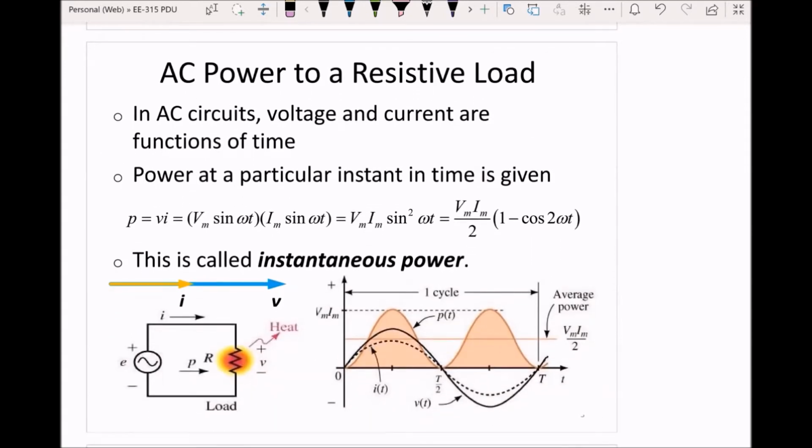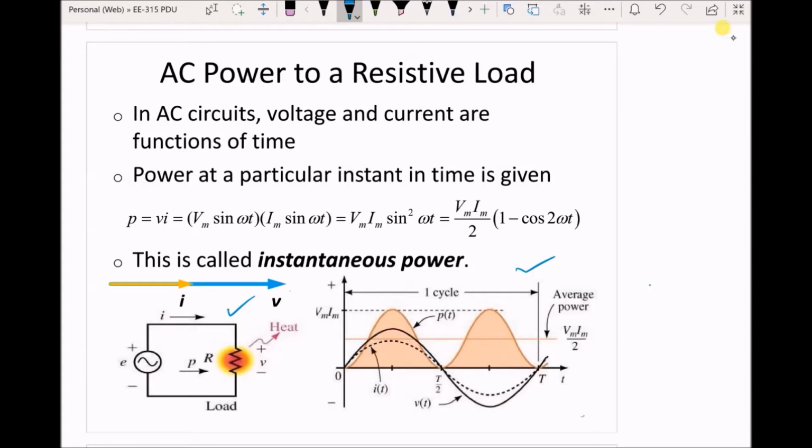Okay, so if I take you back to lecture number 2 of the same course, we studied the concept of calculating the instantaneous power for resistive, inductive, and capacitive circuits. For instance, in the case of a resistive load, as you can see from the circuit and from the plot as well, the voltage and current are in phase.